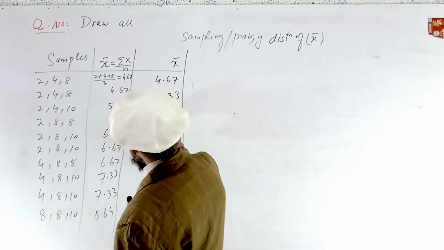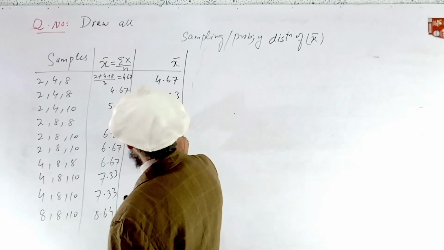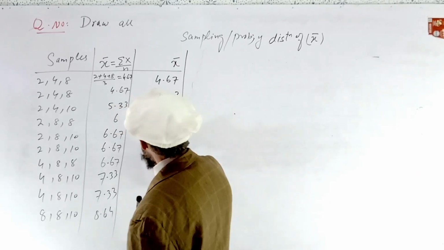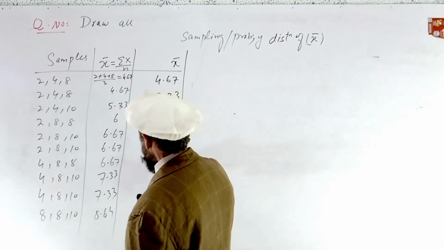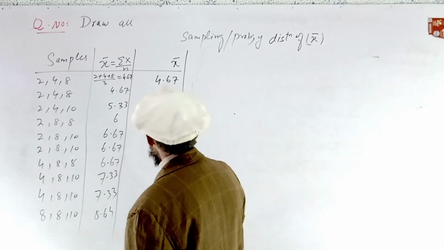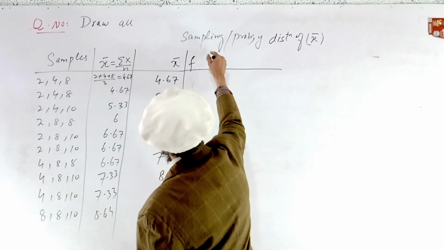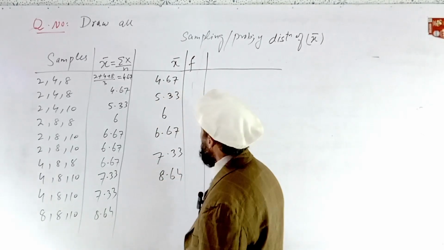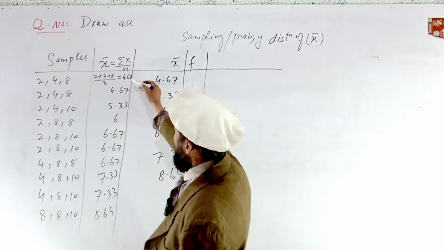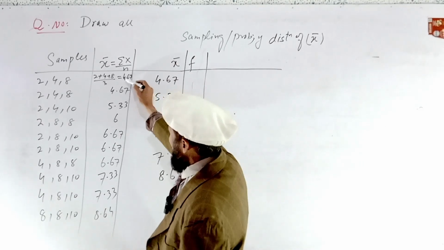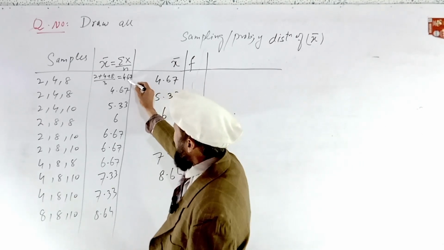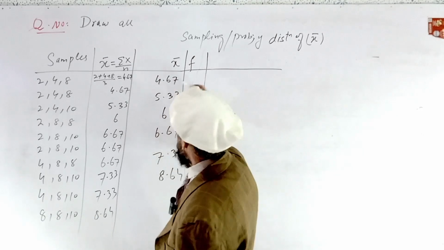and 6.67 and 7.33 and 8.64. Now here frequency is required. Frequency means the number of repeated values, how many times this is repeated. 4.67 is repeated 2 times.